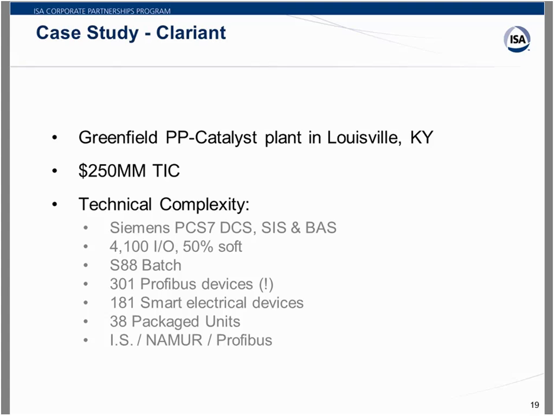This was an S88 batch unit, a pretty complex batch system. One of the things that stood out was the number of Profibus devices. So 301 total Profibus devices, each one of which required configuration.